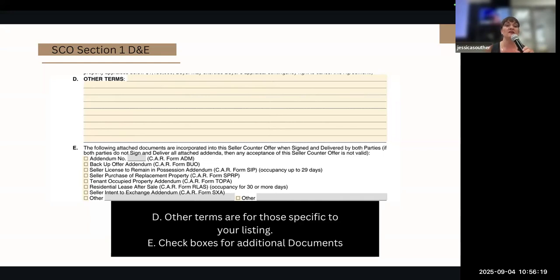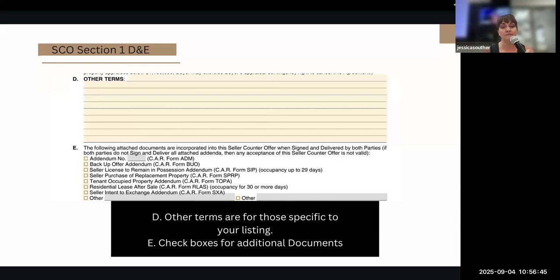So instead of just writing seller to stay in possession for 5 days at $0, you're gonna just check seller in possession on section E, and you're gonna fill out that form correctly. And by checking the box in the seller counteroffer, it automatically ties it to the offer because it is checked. You don't need to rewrite it in the other terms.